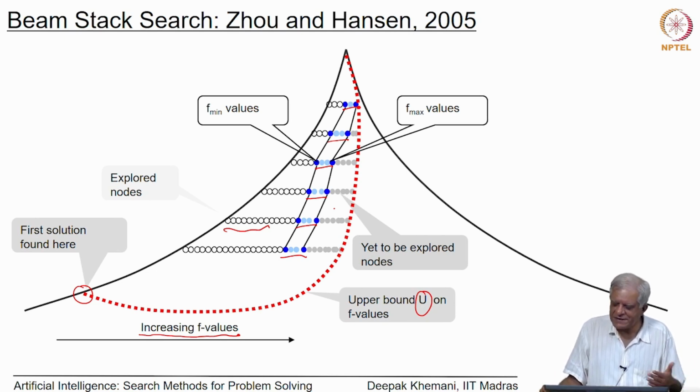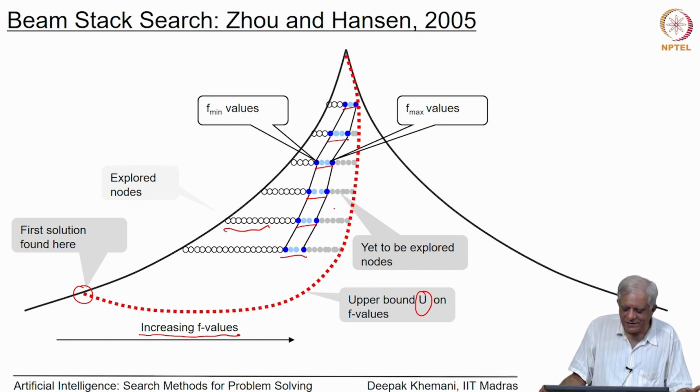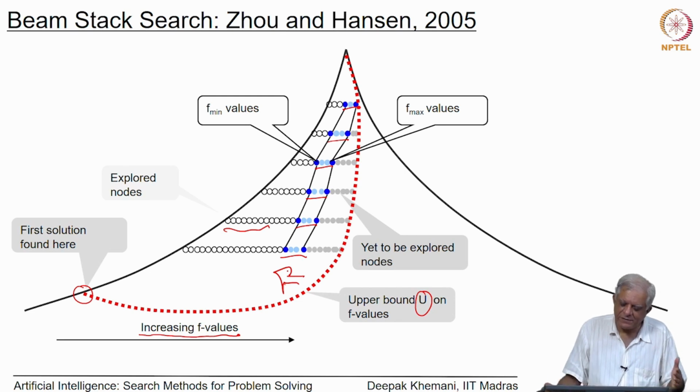So, if we keep searching this systematically and we do not exclude any path which is lying within this region which is on the left of the upper bound, then we can be sure that we will find the optimal solution, because it has not precluded any solution essentially.